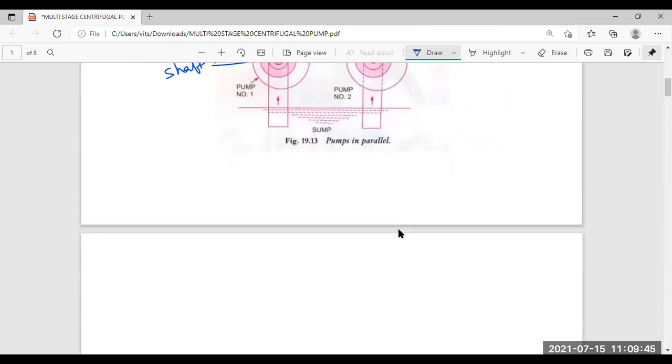Here also, the total head developed by the pump is N into HM, where N is the number of impellers and HM is the head developed by each impeller.